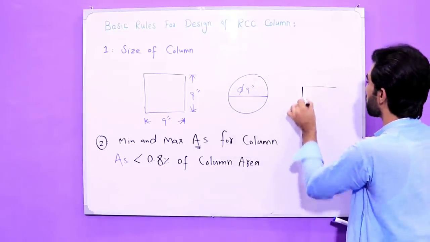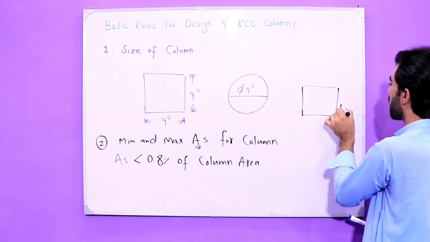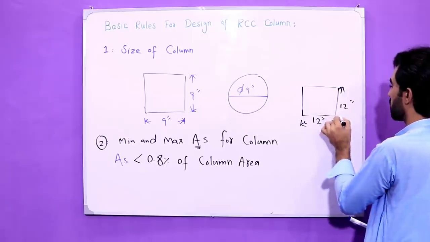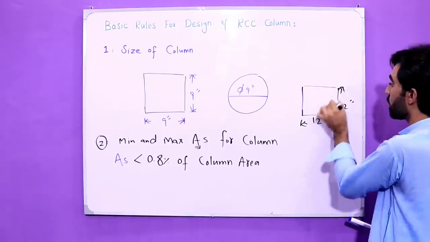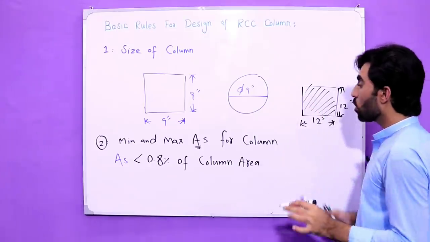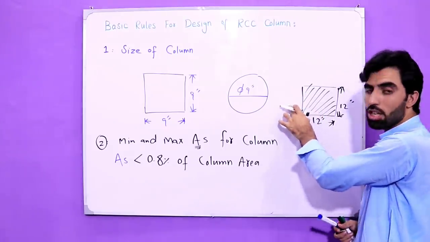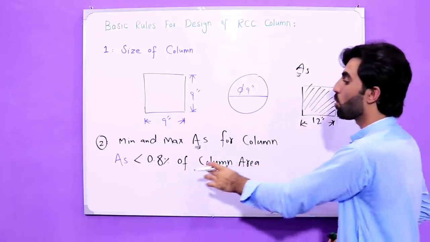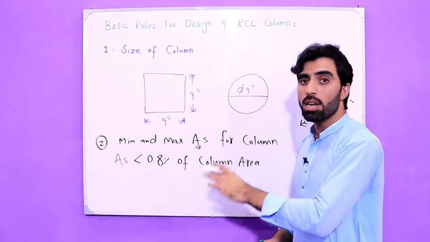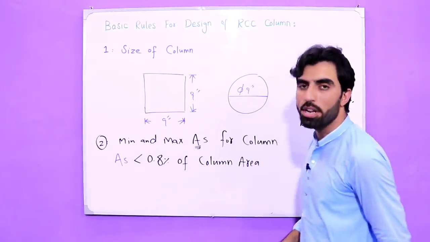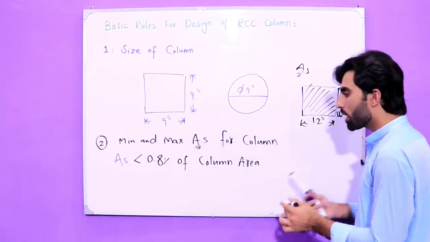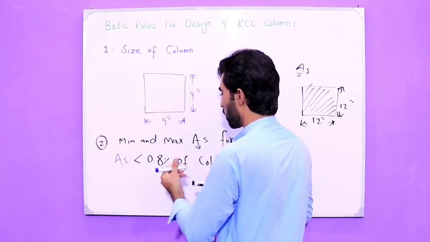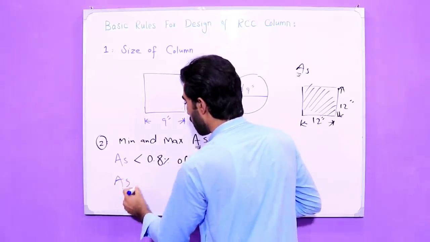For example, take a column whose size is 12 by 12 inches. This is the area of column. The area of steel should not be less than 0.8%, it should be greater than 0.8%. This is the minimum area of steel.